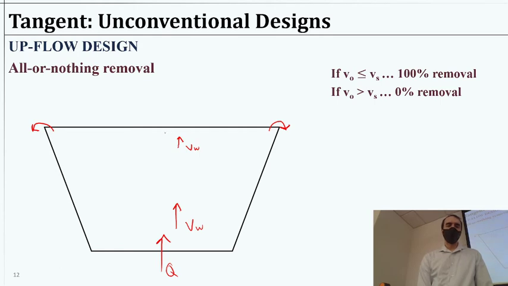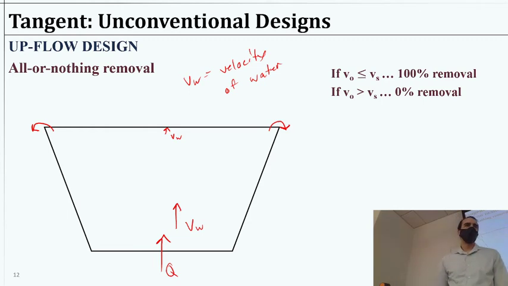At the very top, that V_W, the velocity of the water, has slowed down a fair bit. Okay, so this is a strange system because here, instead of settling in some amount of time, you have to settle faster than the water is flowing upwards. So in a way, it's pretty counterintuitive.